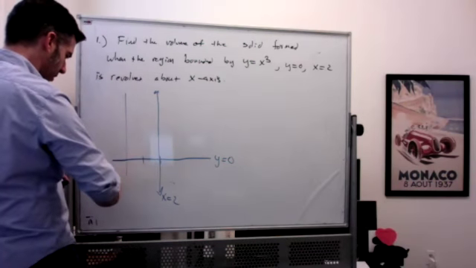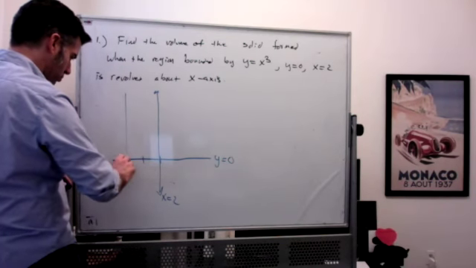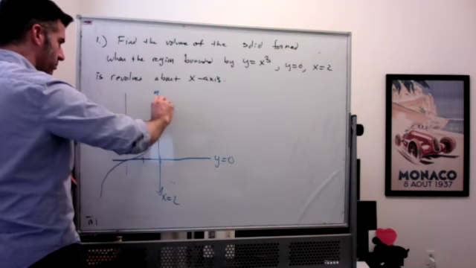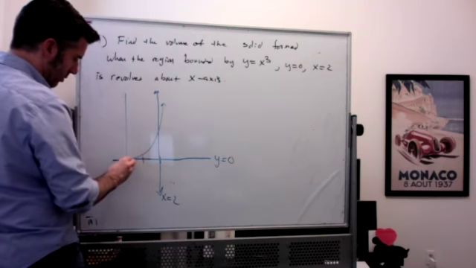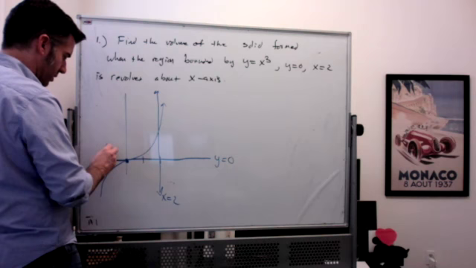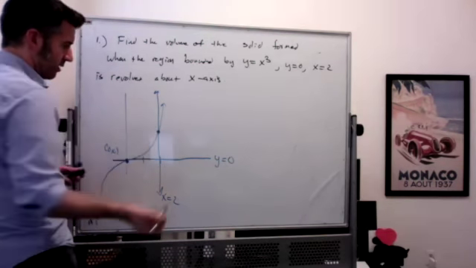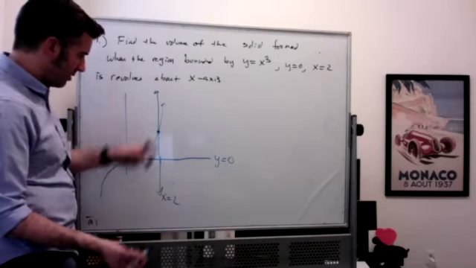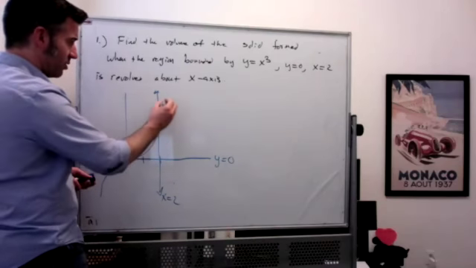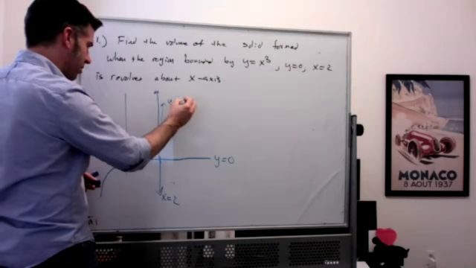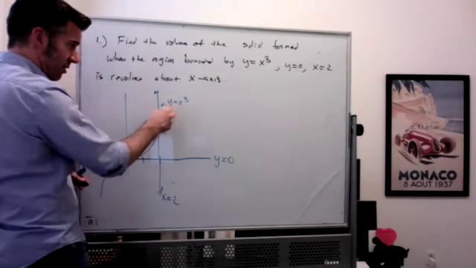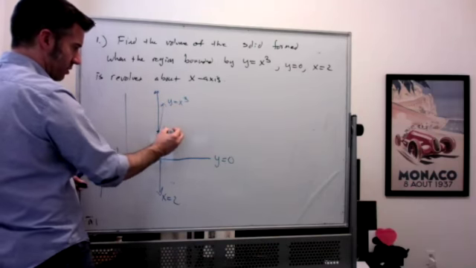So it's going to do something like this. Like that. And there's clearly a point of intersection here at 0, 0. And there's also a point of intersection here. Now this one's easy to find because we know that this point here, x equals 2. So if you've got y equals x cubed and x equals 2, well then y has to equal 2 cubed.